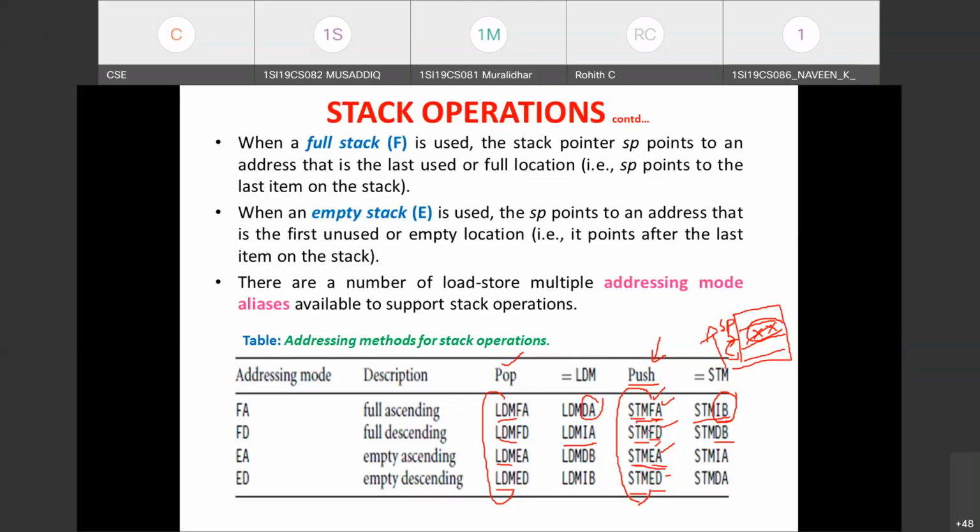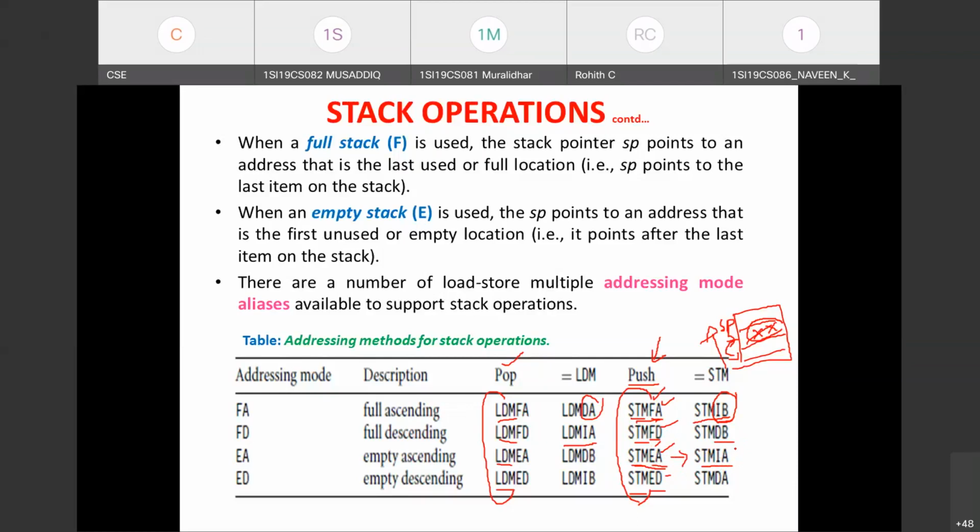So first we need to insert the data, and since it is an ascending stack, we need to increment the stack pointer by 4. So what is the equivalent STM instruction? You can write for STM-EA, it is STM-IA. It is increment after. Why? It is an empty stack we have taken. So first we insert the data, then we increment the stack pointer by 4. So that's why this is the equivalent instruction.